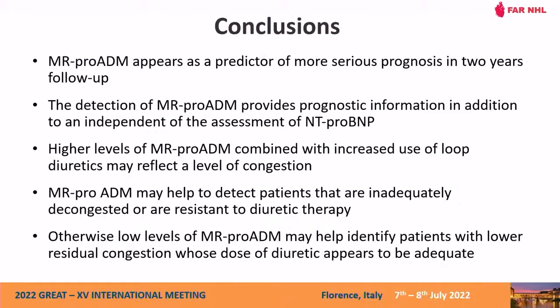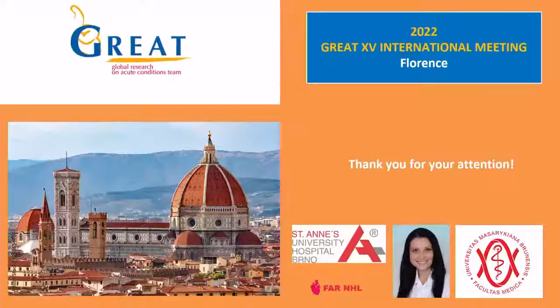A high level of mid-regional proadrenomedullin combined with increased use of loop diuretics may reflect a level of congestion and may help to detect patients that are inadequately decongested or resistant to diuretic therapy, to reevaluate their treatment. Otherwise, a low level of mid-regional proadrenomedullin may help identify patients with lower residual congestion whose dose of diuretics appears to be adequate. Thank you for your attention.